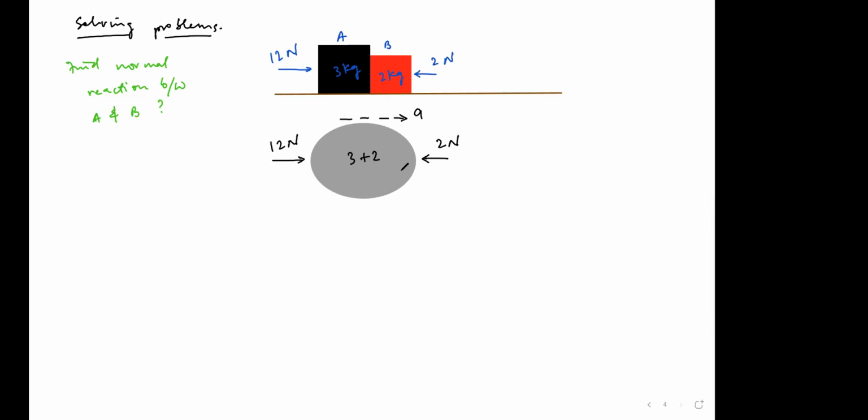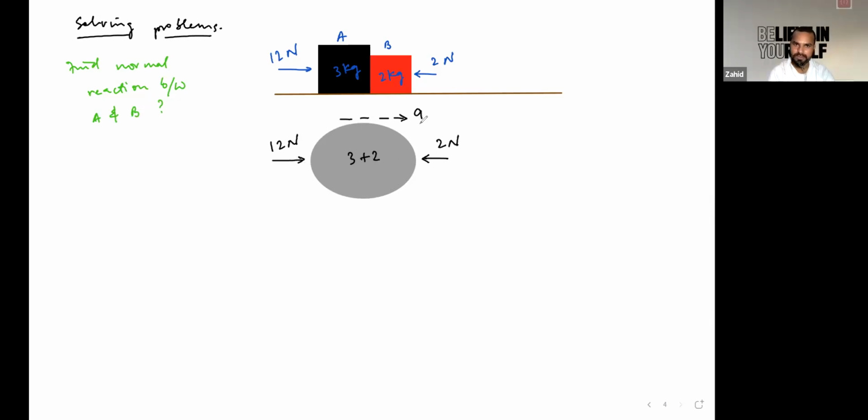Now we have forces and mass, and we have to calculate acceleration. So using the second law, you can say F net is equal to total mass of the object times acceleration of the system. To calculate acceleration of the system, move this mass to the other side, and you will get acceleration of the system is equal to net force over mass.